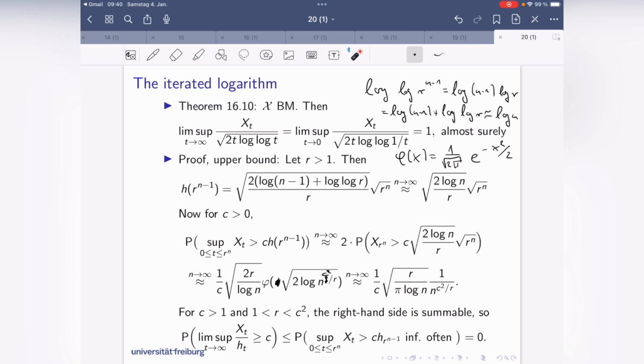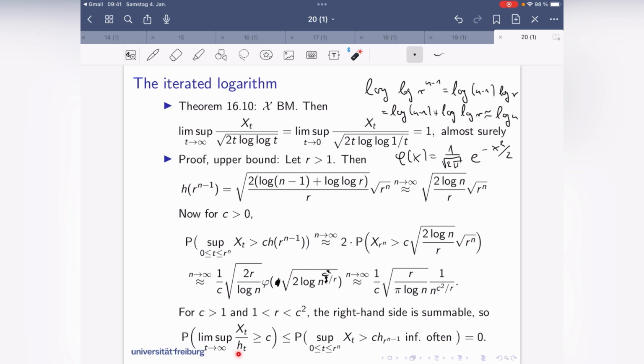And because I had a minus here, I'm having this in the denominator, which means I have this thing here. And if now c squared is bigger than r, I have n to the power of something bigger than 1, which means that this thing here, in n, is summable. So if that's summable, I know only finitely many events of this form here occur.